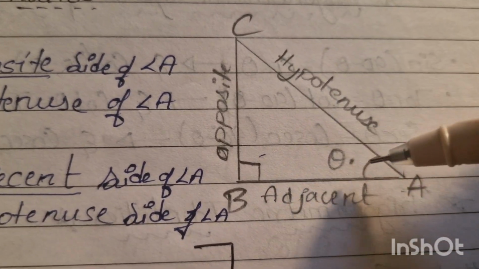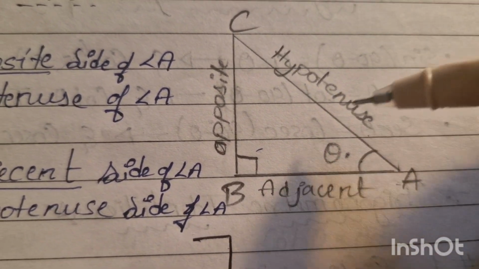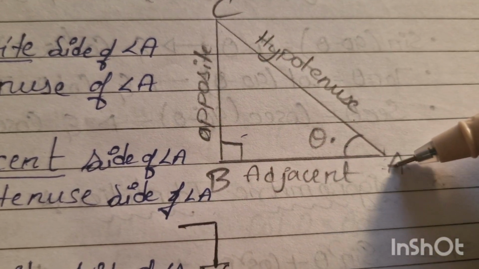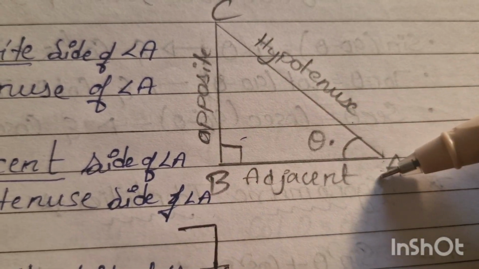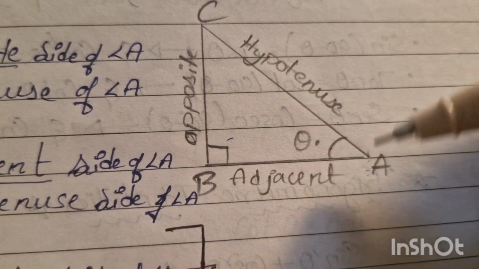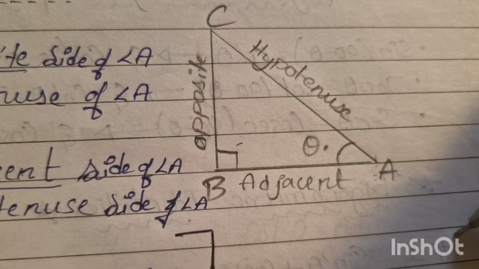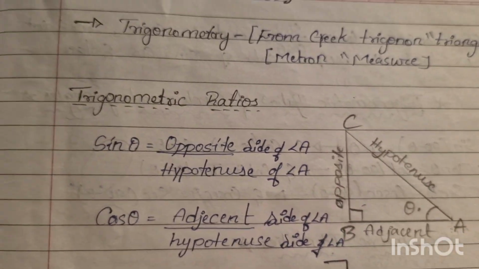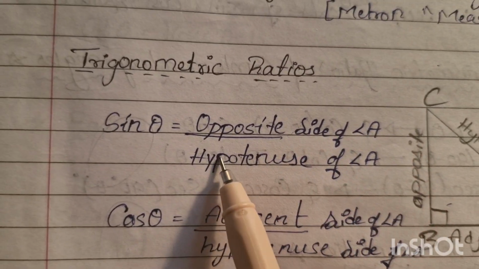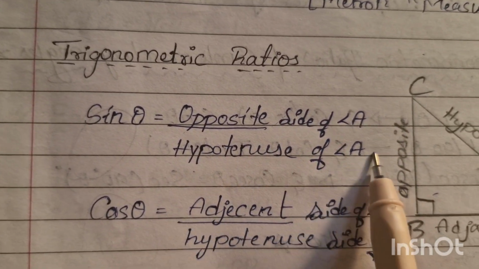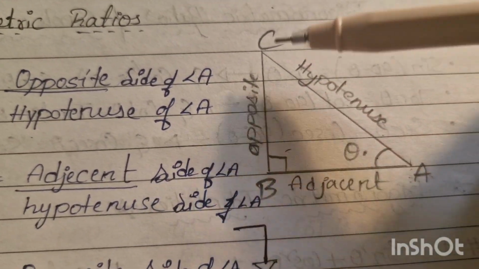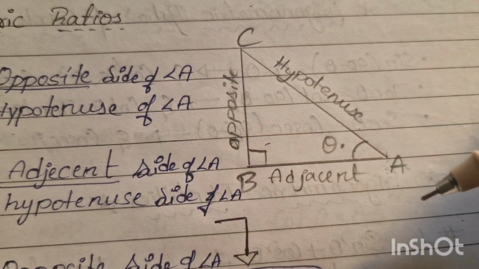The opposite side of angle A is BC, the adjacent side of angle A is BA, and the hypotenuse of angle A is CA. So here sin theta is the opposite side of angle A by the hypotenuse of angle A. That means BC by CA.